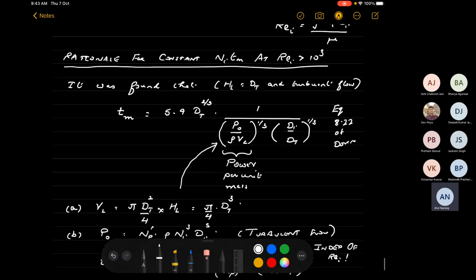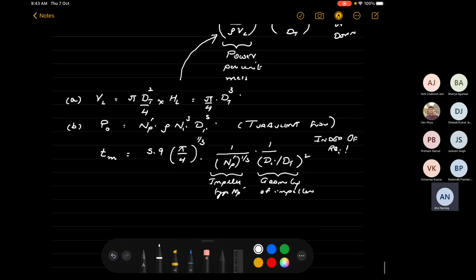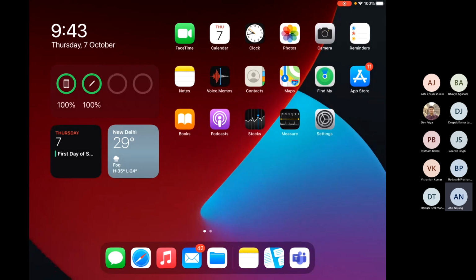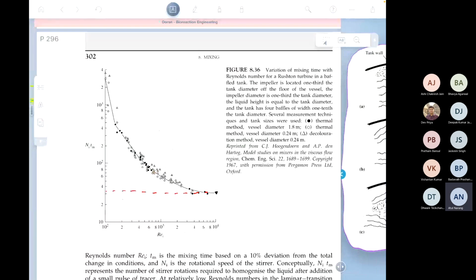And it depends only on the impeller type, because this NP prime varies with the type of impeller, whether it's a Rushton impeller, a marine impeller or anchor, what have you. And it is also inversely proportional to the square of DI over DT.